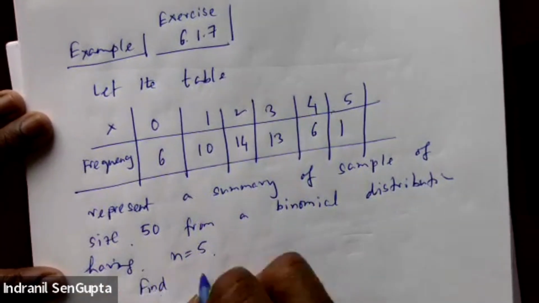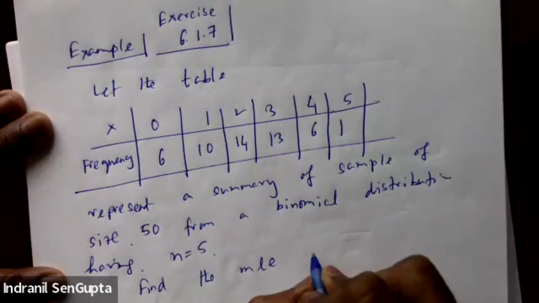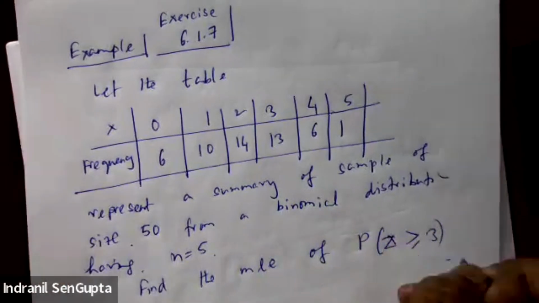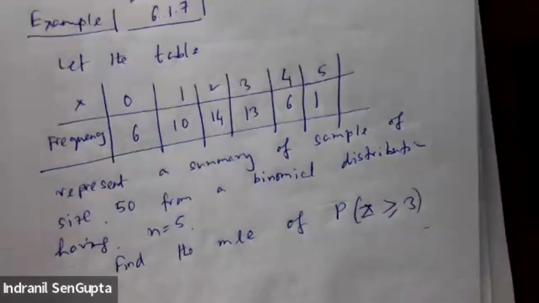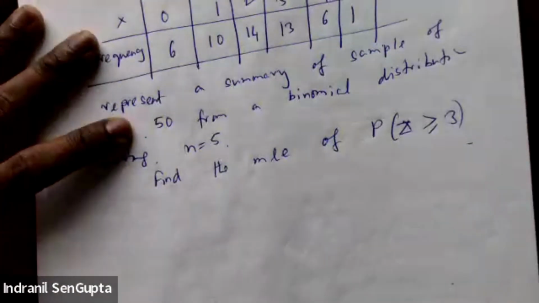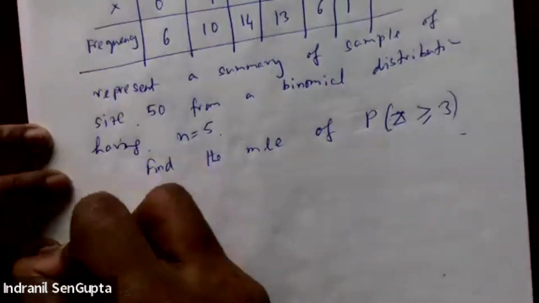Find the maximum likelihood estimator of the probability of x bigger than 3. Again, this is an application of both the binomial thing that we discussed and the invariance principle. Here is a solution.